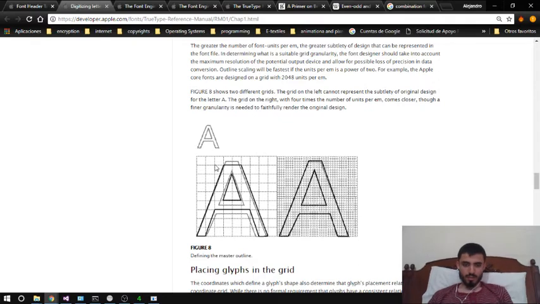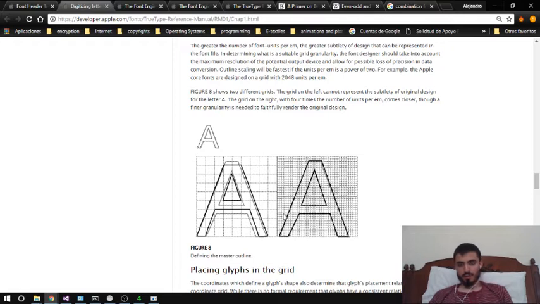So the original design should be, I guess, the one that's grayscale, and the one that's been set is the one that's more opaque.